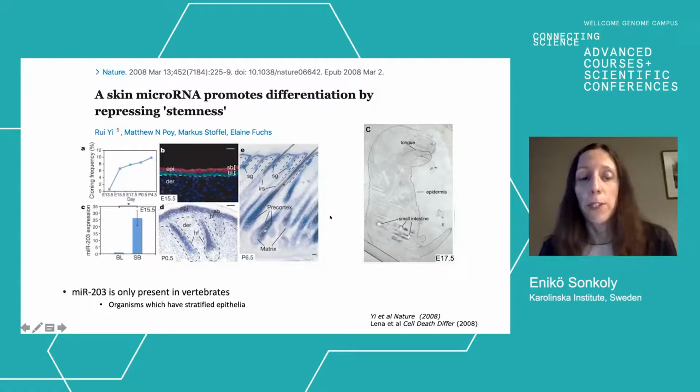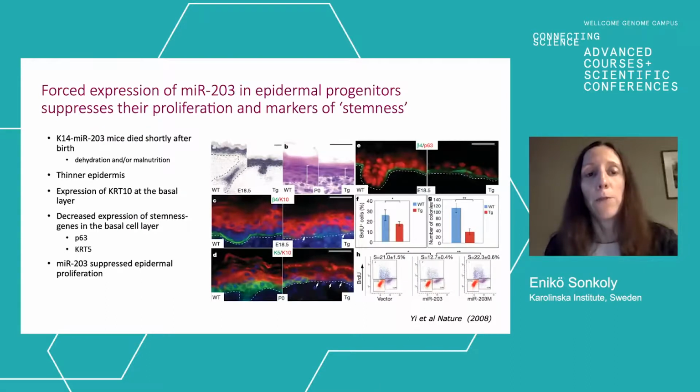And interestingly, this microRNA is only present in vertebrates and only in organisms which have a stratified epithelia. So in this Nature paper from 2008, they also showed that forced expression of miR203 in the epidermal progenitors suppressed the proliferation and induced differentiation.